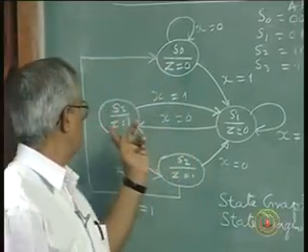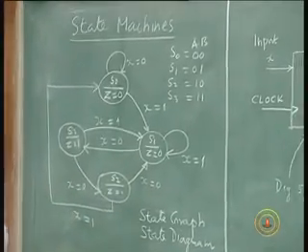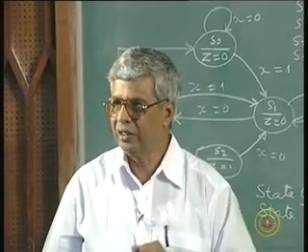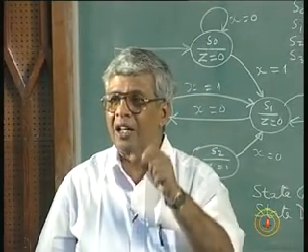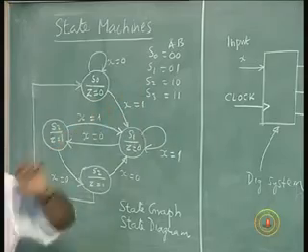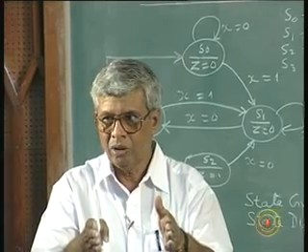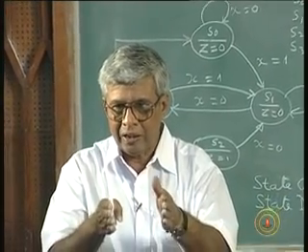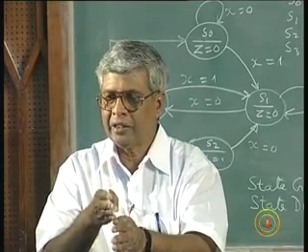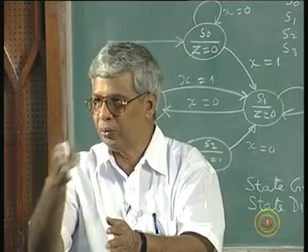It needs to go to S3 next. And I told you S3 it can reach only after the next clock pulse, at the next clock pulse edge if you want edge triggering. That means I need to remember the value of this S1 which is 01 for the entire duration of this clock period. Only then at the end of the clock period, at the beginning of the next clock period, the transition can happen from S1 to S3 because input x is equal to 0.